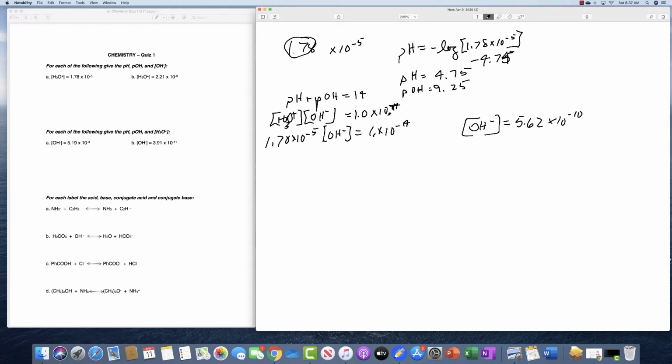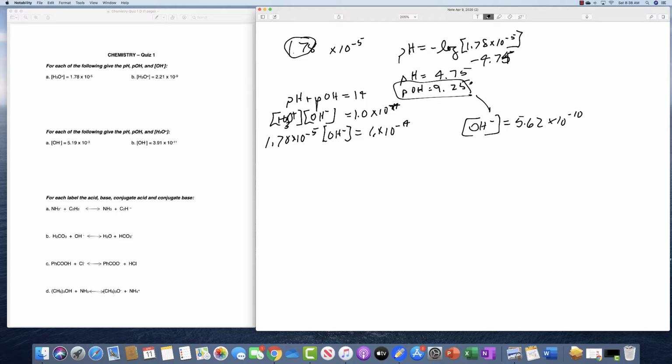So you can either go from here and get this by subtracting 4.75 from 14, or you can do this first and then take the negative log to the base 10.